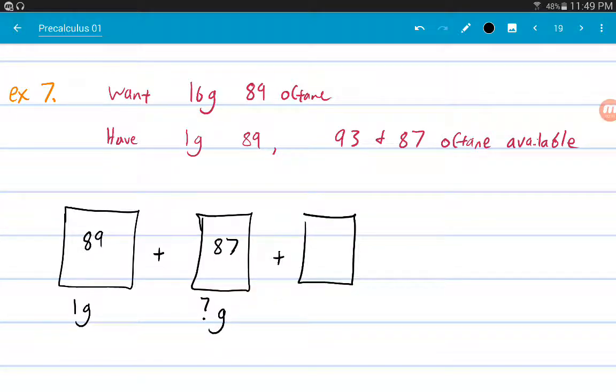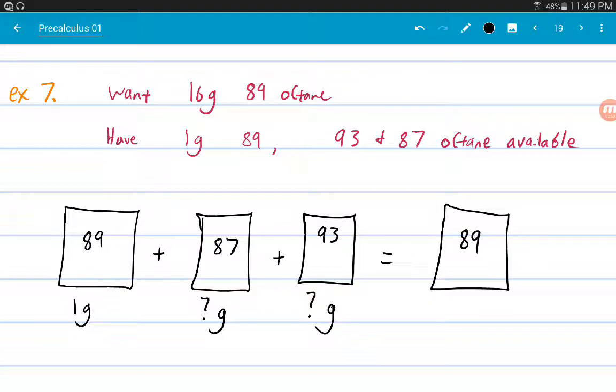Plus some 93, and that also I'm not 100% sure about. But when I add all these up, I should get some nice 89 octane, and it should be 16 gallons to fill up my tank.